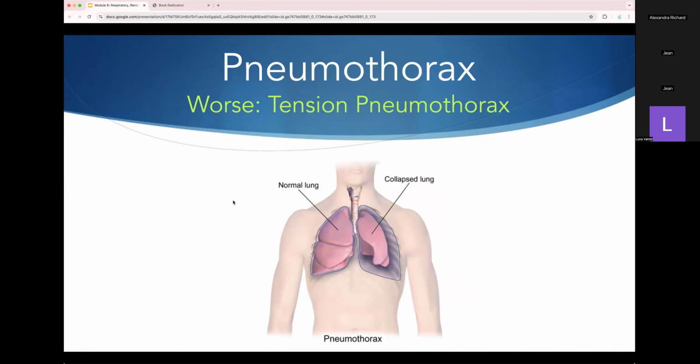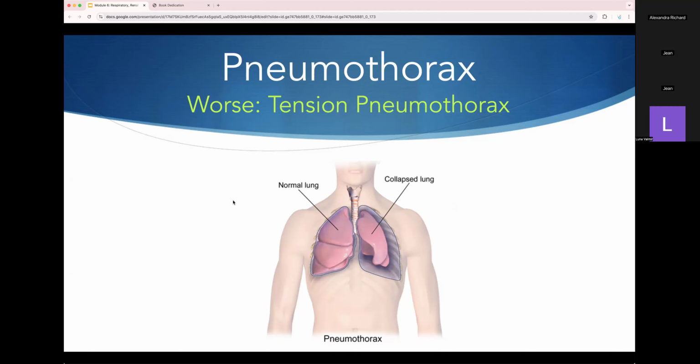So we have what we call a pneumothorax. A pneumothorax can happen when there's trauma to the chest wall, and it doesn't have to be trauma per se. It can be, for example, during a procedure, the chest wall is accidentally punctured.